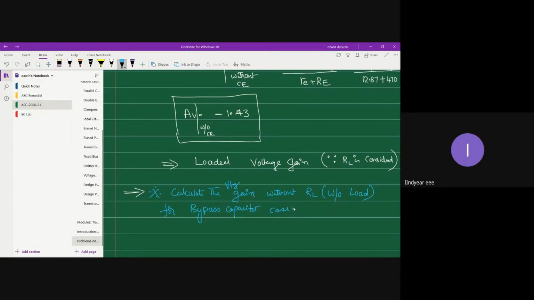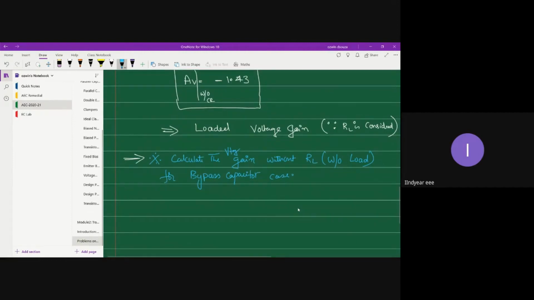Let's consider the bypass capacitor only. This is just to understand the effect of no load.